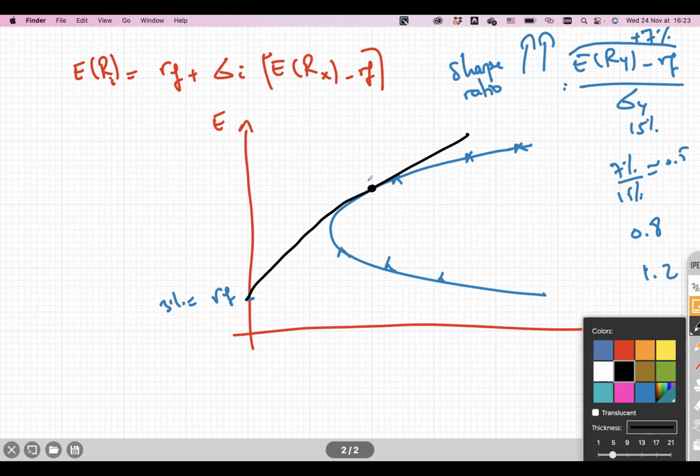So this is the portfolio X, which is the best portfolio Y in this frontier. By best, I mean the one which maximizes the Sharpe ratio, right? So this line, which is defined by two points, RF and the portfolio X, is called the SML, the stock market line.